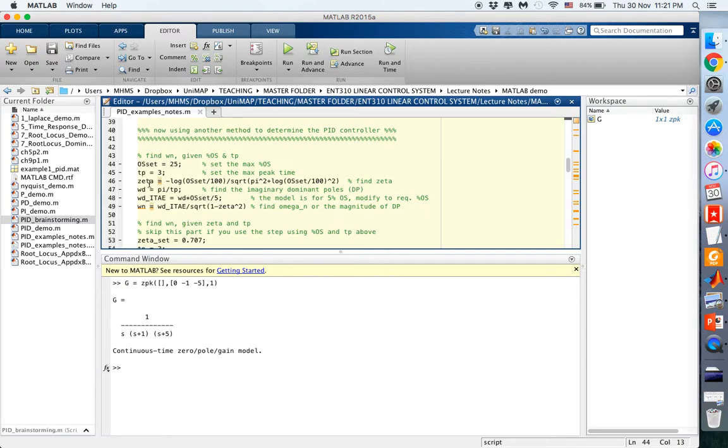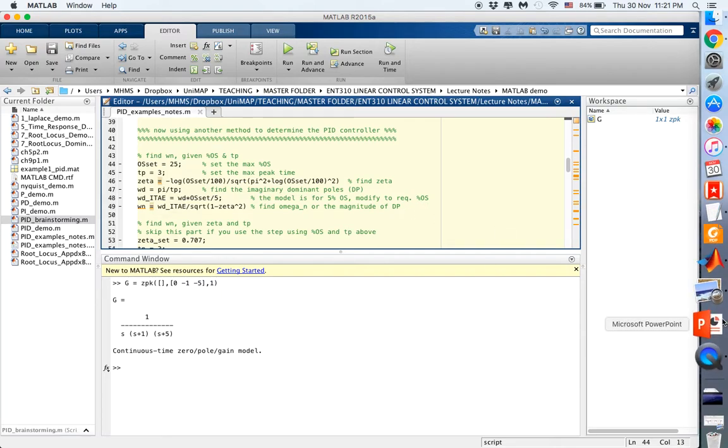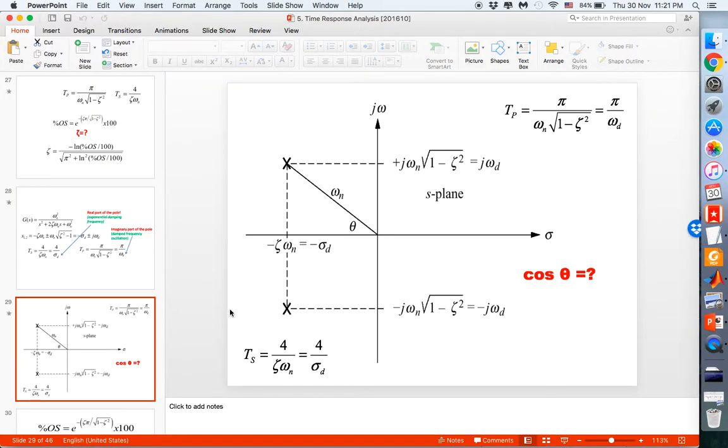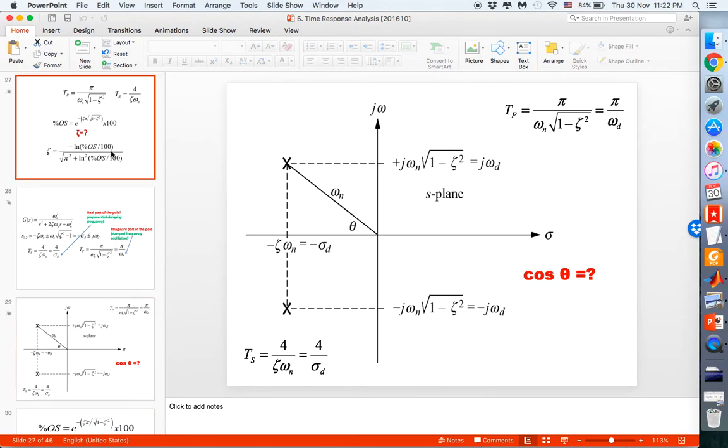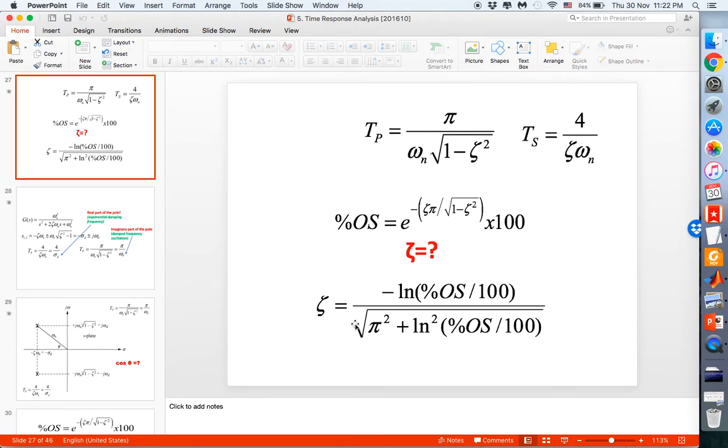So we find zeta using the equations that you have learned in the time response. This is the equation for zeta.